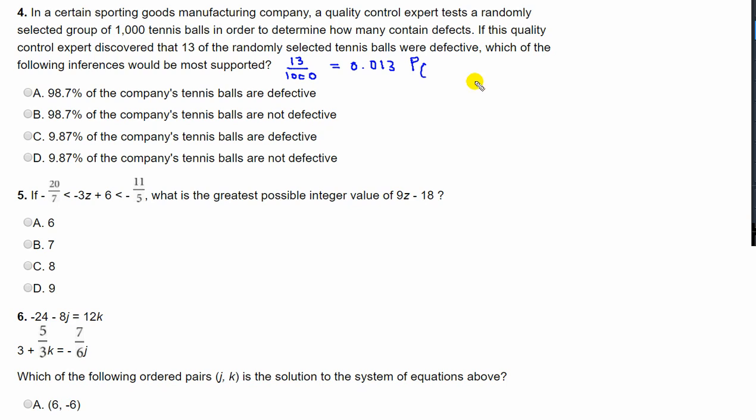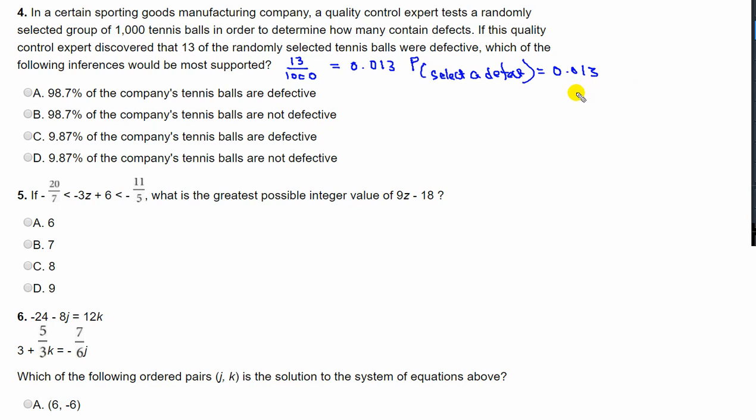If you select one from the 1,000, the probability of selecting a defect will be equal to 0.013.